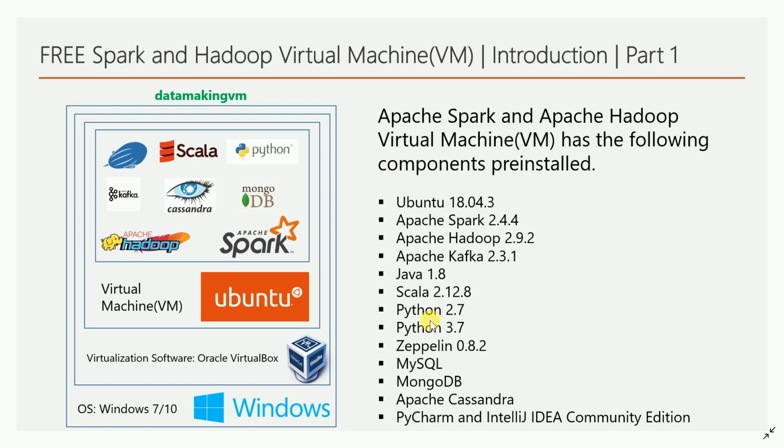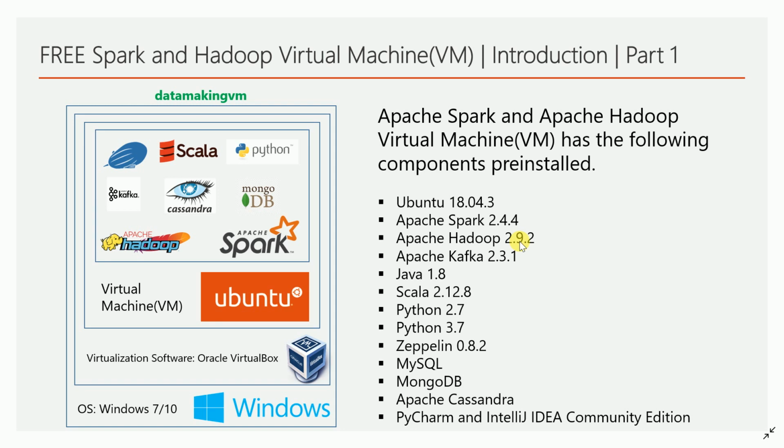So what are the components we install? The Ubuntu version which we are using is 18.04.3, and the Spark version is 2.4.4, which is the latest stable version. The Apache Hadoop version is 2.9.2, and we also have Apache Kafka, which is a distributed publish-subscribe messaging system.